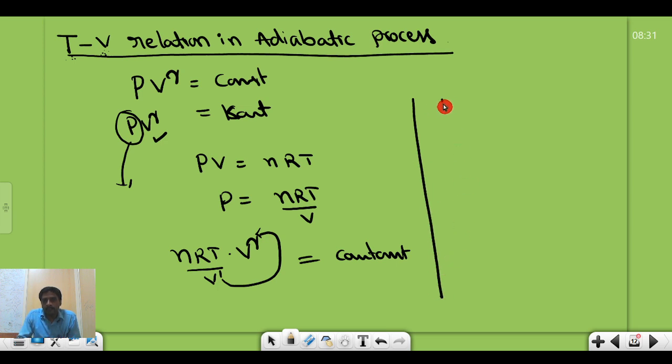Then T into V power gamma into V power minus 1 is equal to some constant divided by nR, since I am sending nR to the other side.